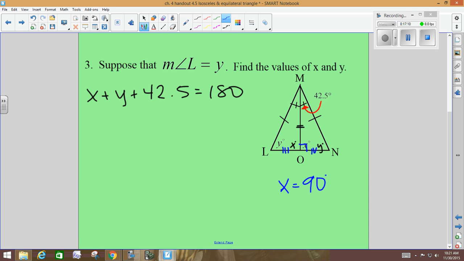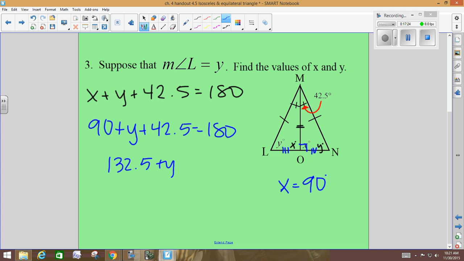Then, Jack, couldn't I use that in Cheyenne's equation to find y? I could say that 90 plus y plus 42.5 equals 180, right? 132.5 plus y equals 180. I got 47.5.